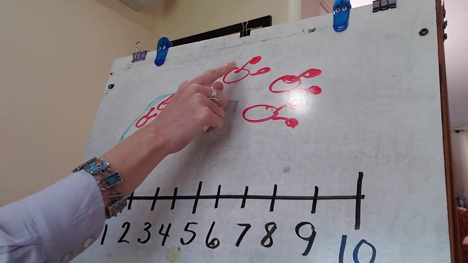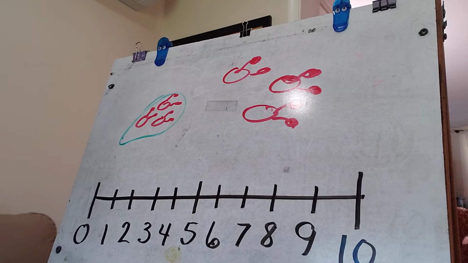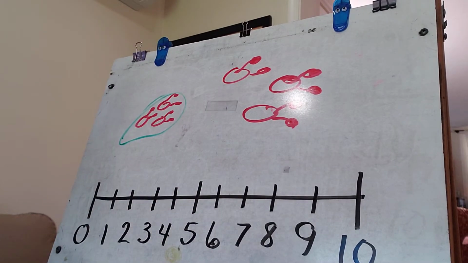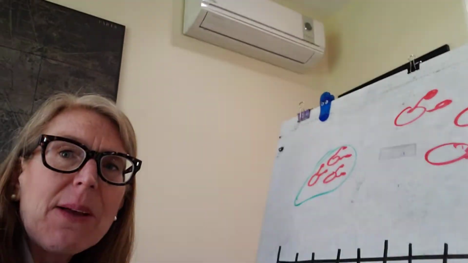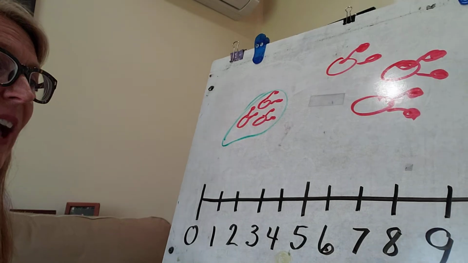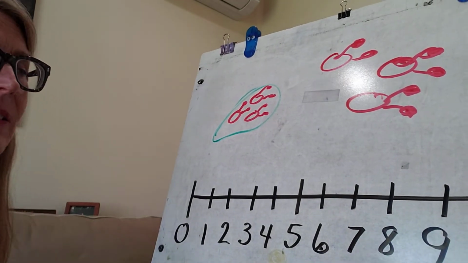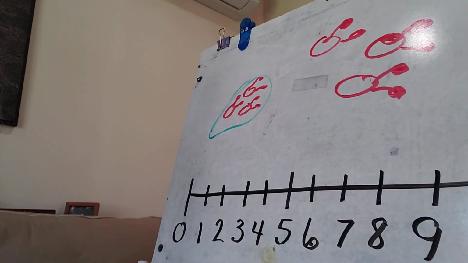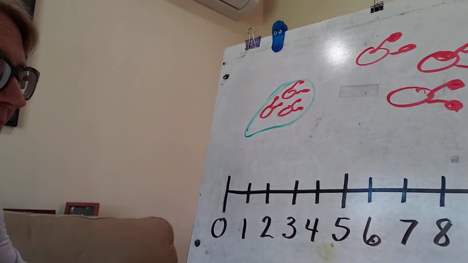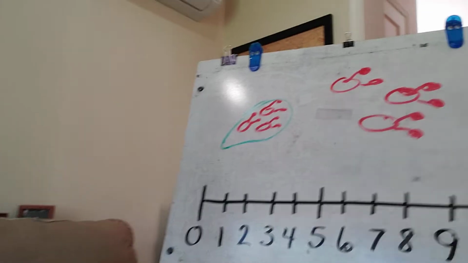I had 6 ladybugs. 3 of them fly away. So I'm going to go down to my number line now, and I'm going to solve that using my number line. Okay? So if I look at my number line, let me see here so I get you seeing my number line better.